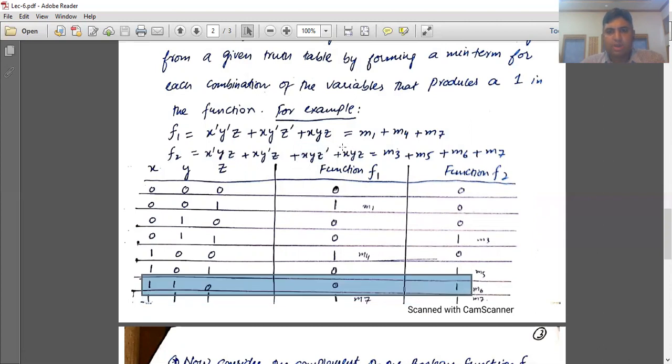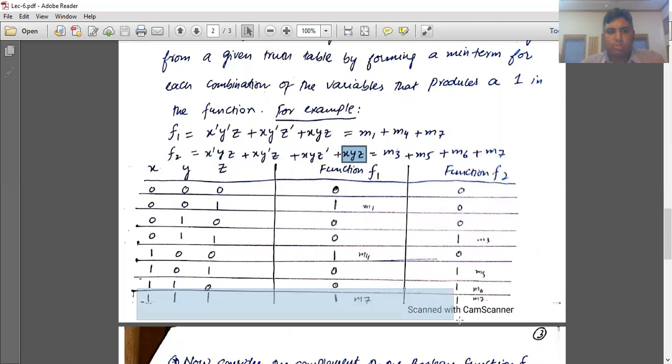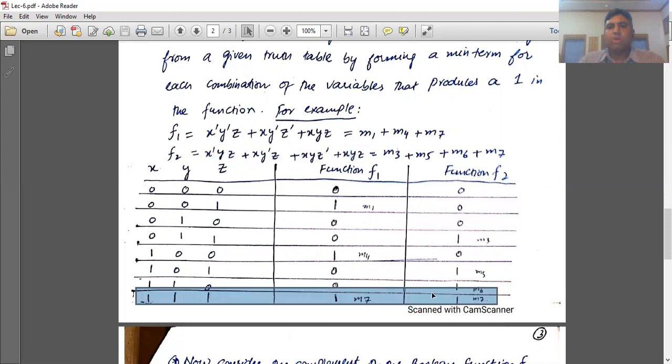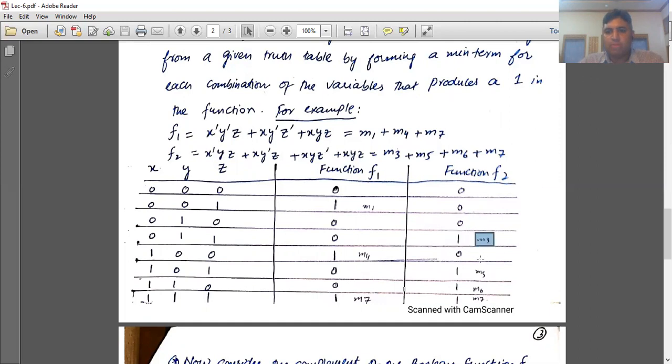And then the last term, x, y, z all 1. So f2 is 1 in these four minterms, which are m3, m5, m6, and m7. So you can write f2 as m3 plus m5 plus m6 plus m7.